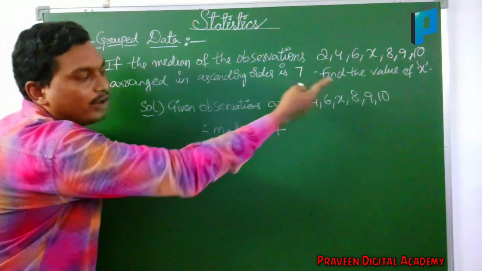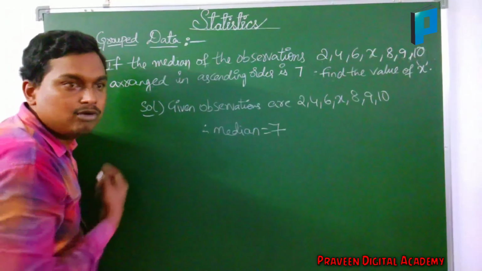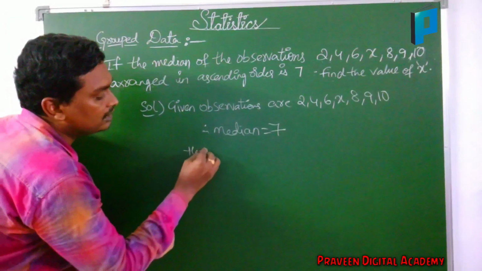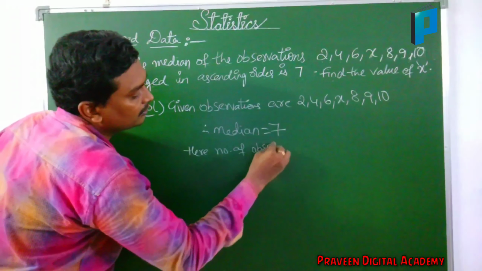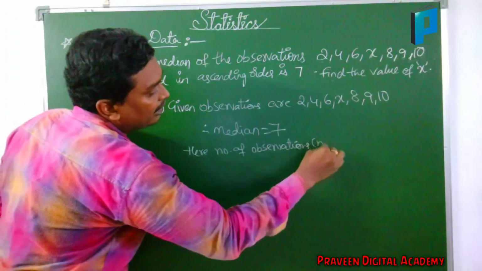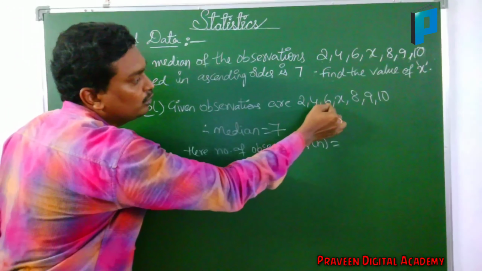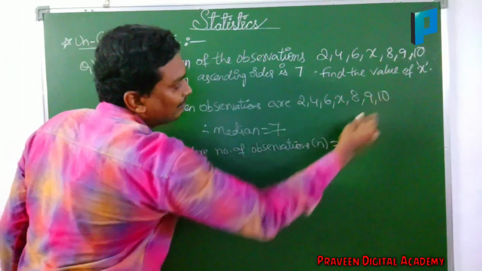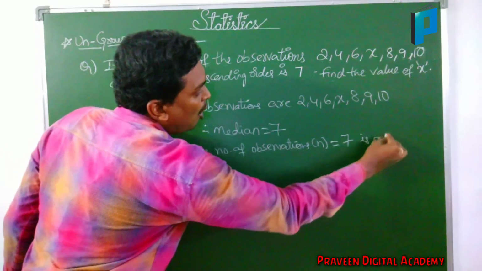Now how to find out the value of x will depend upon the number of observations. Here number of observations n is equal to, how many number of observations are there here? 1, 2, 3, 4, 5, 6, 7. 7 number of observations is odd.